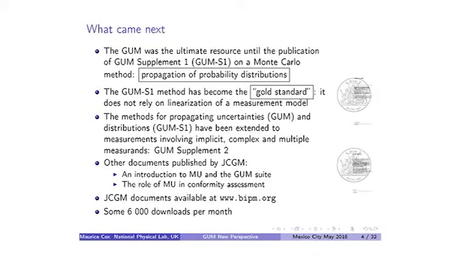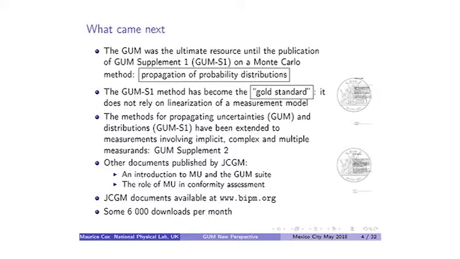It also covered multiple measurands, that is, when we have more than one output quantity. That's GUM Supplement 2.